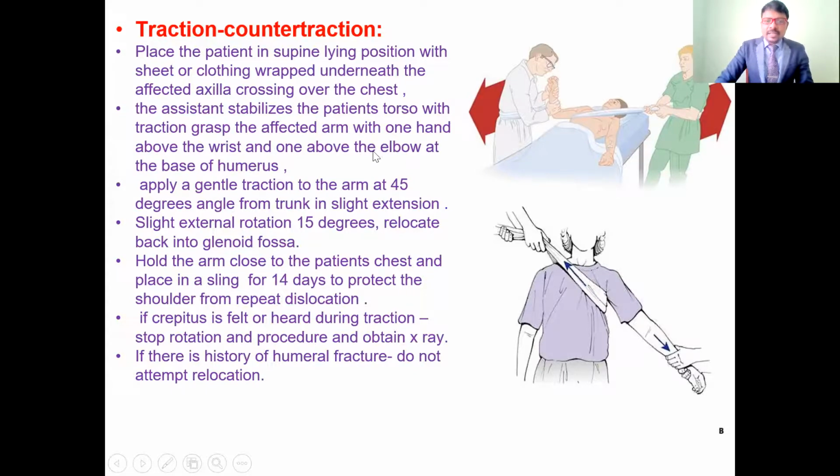Then the physician has to hold the hand and also the elbow. The elbow should be maintained in flexion. After that, apply gentle traction to the arm at 45 degrees from the trunk in slight extension. Then give a slight external rotation of the shoulder, about 15 degrees, and relocate it, pushing upwards into the glenoid fossa.